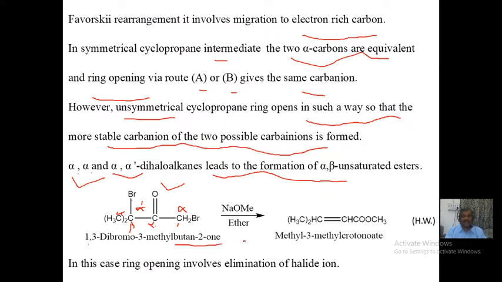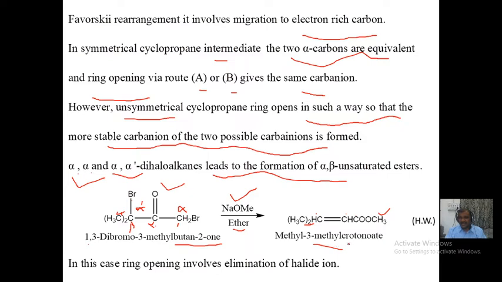If this is the starting material, then in the examination they will try to understand your understanding of the mechanism part. They will write this is the starting material, sodium methoxide, an organic base, in the presence of ether. What are the possible products? Out of that you should be able to get that this is nothing but the methyl ester, methyl 3-methyl, because this is carbon 1, 2, this is 3, it has one additional methyl group, right?